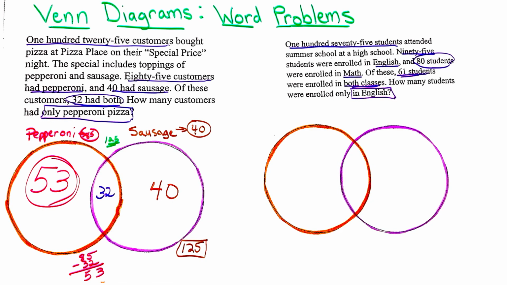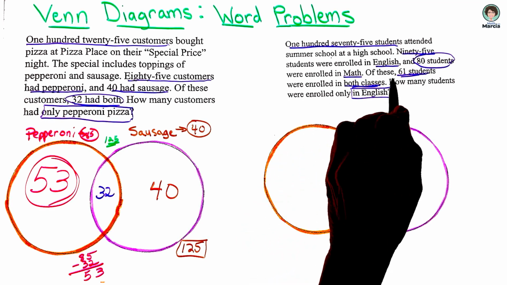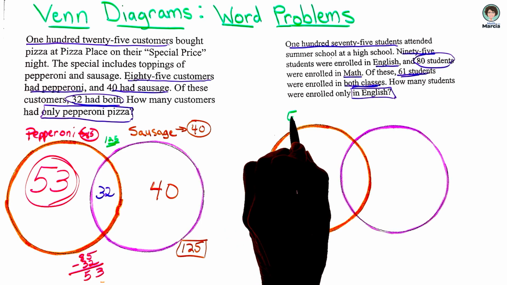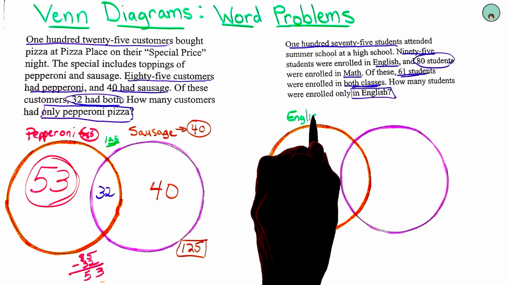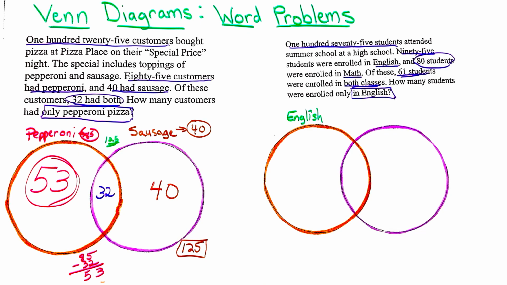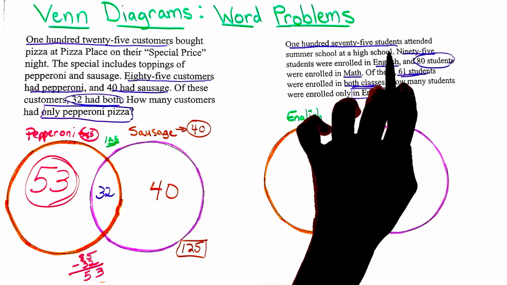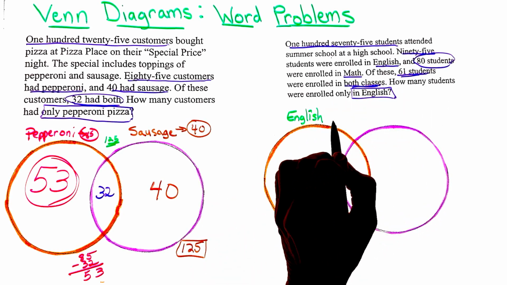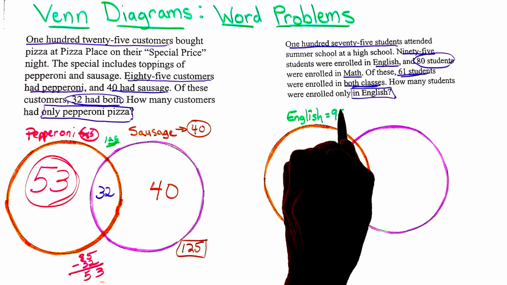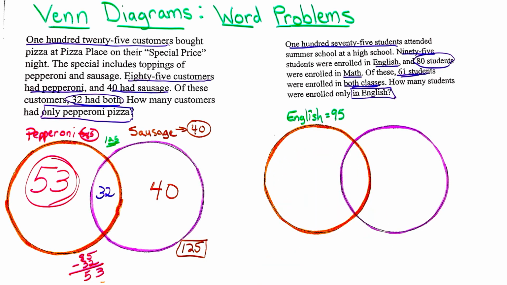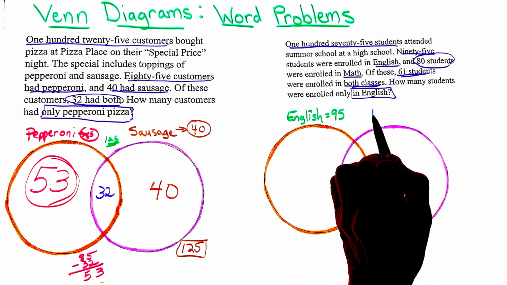All right. Well, I didn't mark my circles that I have there, so let's go ahead and let's mark them. The first one, I'm going to make English. So here is my English circle. And for the English, it says that there were 95 students. So I am putting that 95. I am now going to go ahead and mark my math, because now is math.